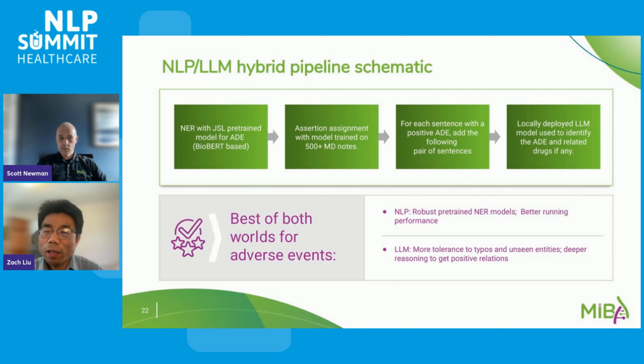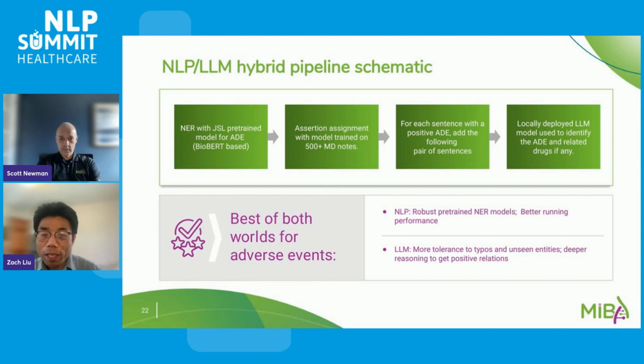And basically, the large language model asks 3 questions. One is whether there are adverse events. Two is whether there is a cancer treatment drug there. Three, whether there is actually an association between each pair of drug and adverse event. And in this way, we're trying to leverage the best of both worlds, right?